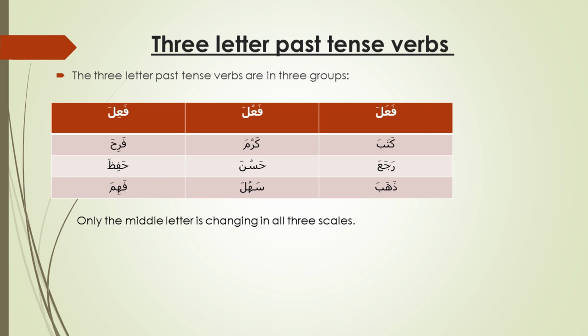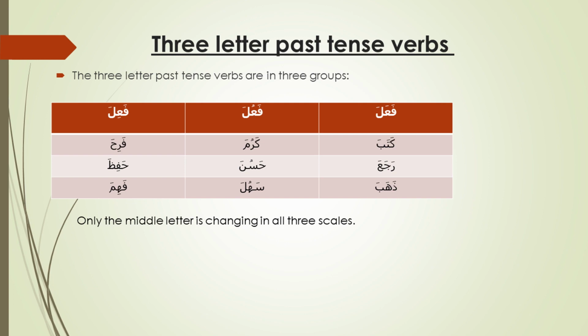Another thing that needs to be mentioned is the three-letter past tense verbs. There are three groups. They'll either be on the scale fa'ala, with a fatha on the ain, the one that we've been taking so far, or fa'ula, that's the second one, or the last one, fa'ila.